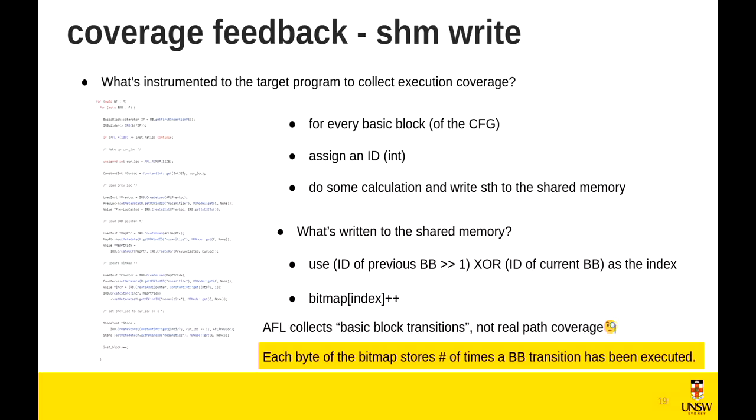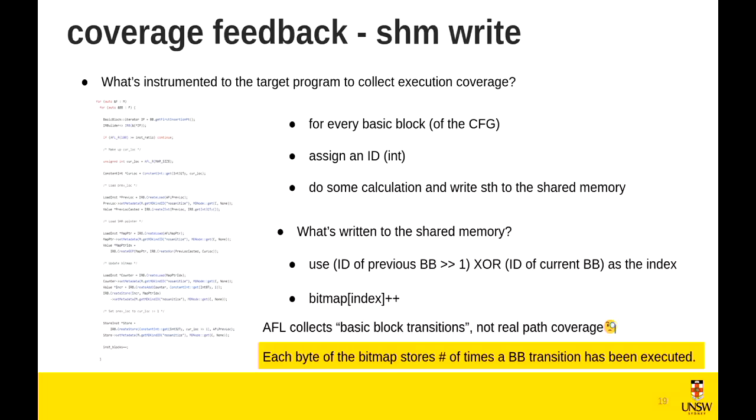Because we do this +1 in the bitmap with the ID, each index, actually each byte of the bitmap, represents a unique basic block transition. The value means how many times we have executed that basic block transition in this one run, because we could have loops. We could execute a basic block transition multiple times during one execution.